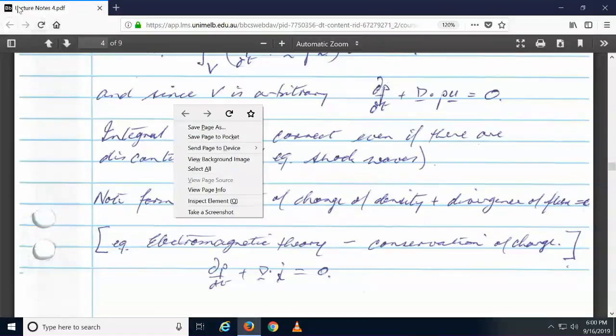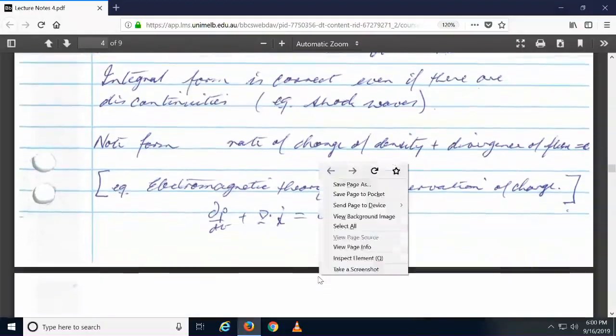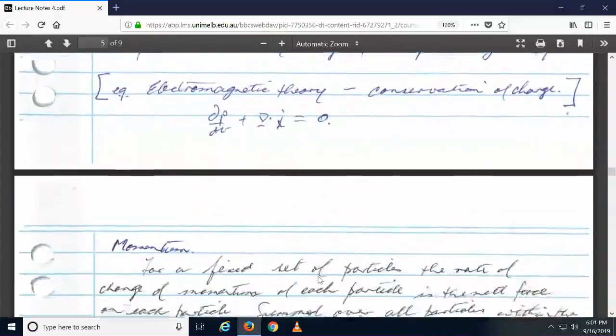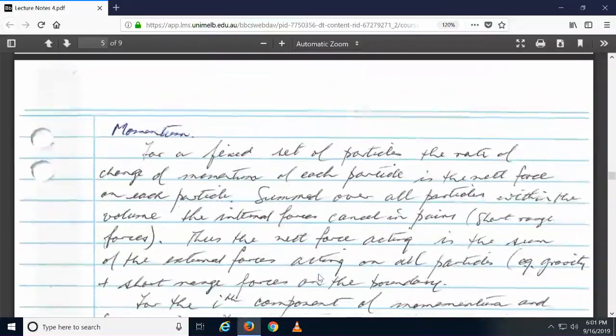The charge is conserved, and so the rate of change of the charge density plus the divergence of the local current out of the volume is equal to 0. Well, you can derive that. That's Maxwell's equations. All right.